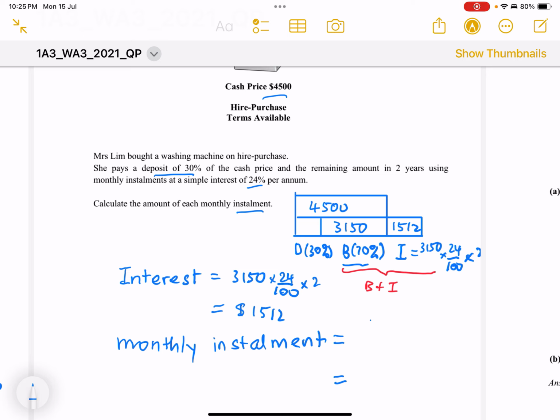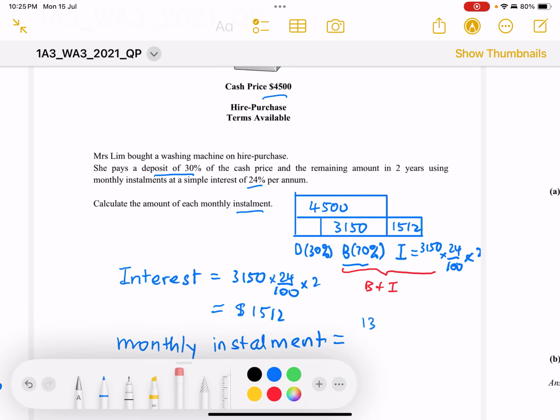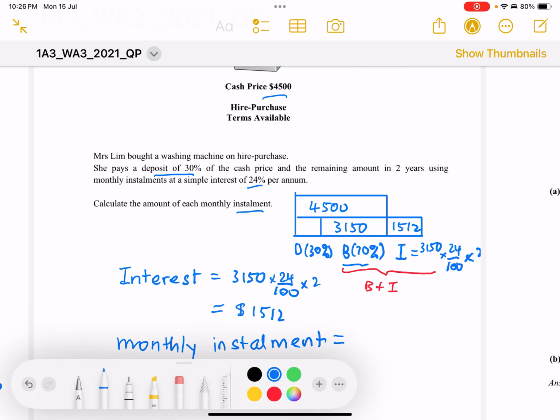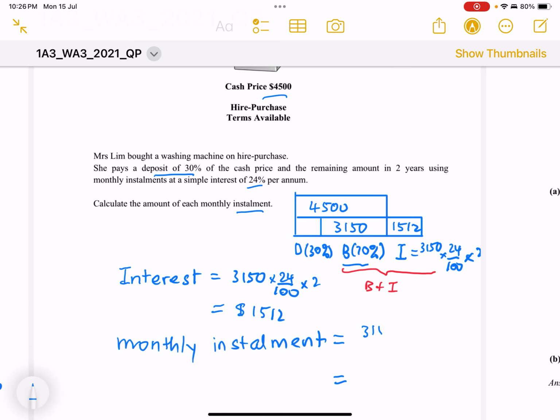So therefore, we have the balance, which is 3150 plus the interest, and this divided by 24 months works out to be 194.25. So the cents must be rounded to 2 decimal places.